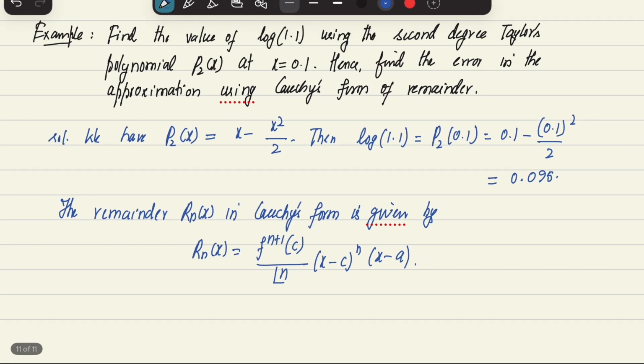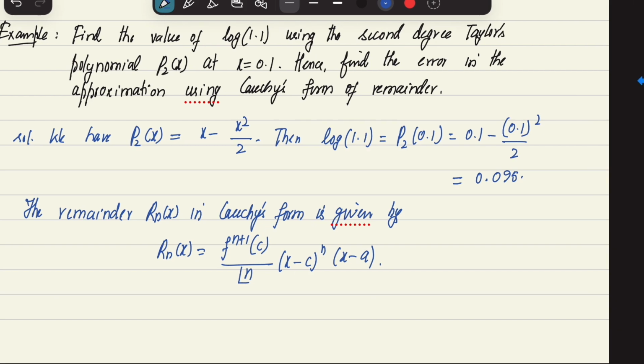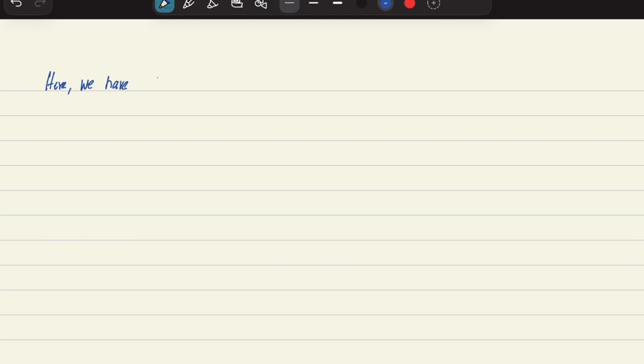Here we have x equal to 0.1, a equal to 0, and since we are going to evaluate the remainder R2 of x, we have n equal to 2.